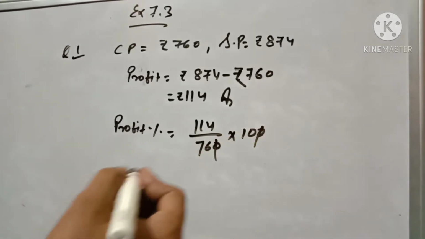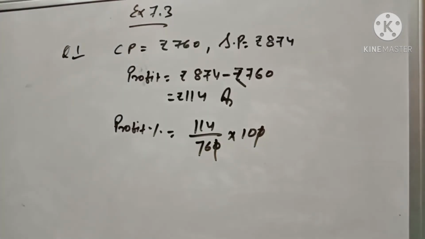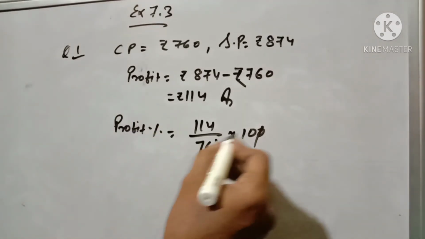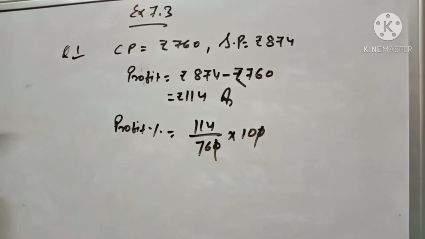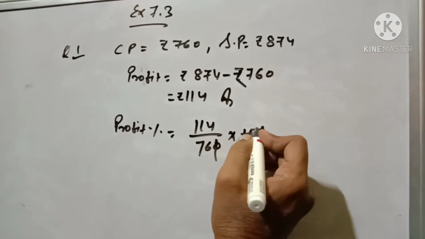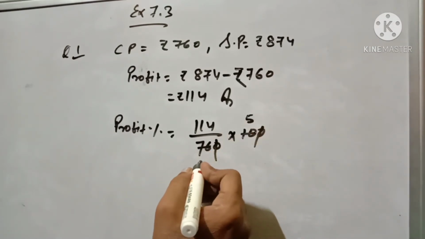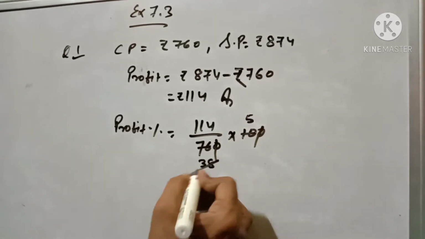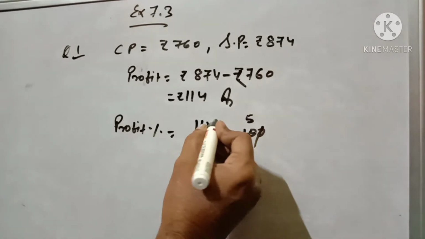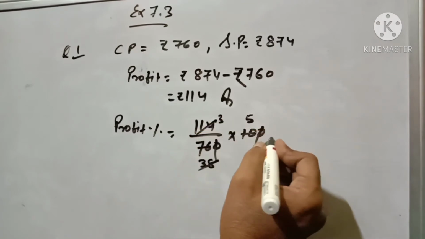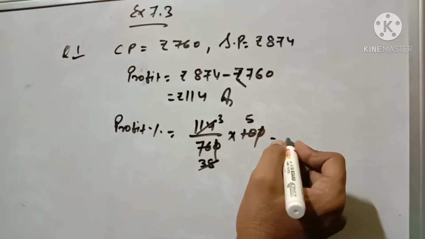This 0 gone, and it will go divide by 5, to the 10, and this is 38, and 38 into 3 is 114. So therefore it will come 15%.